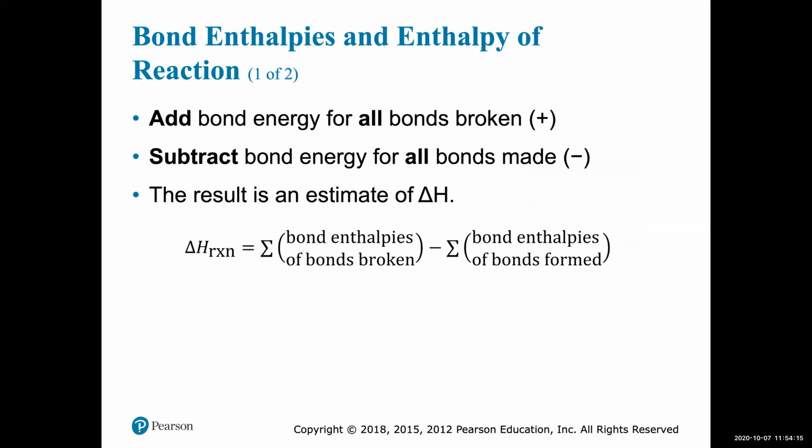Those are the bonds that we're breaking. So we'll calculate all the energies associated with every bond on that left-hand side and sum all that up, and that'll be the bond enthalpies of bonds broken. Then on the right-hand side, we'll sum up all those energies, and that'll be the bond enthalpies of bonds formed, and we'll subtract that number from the bonds broken.